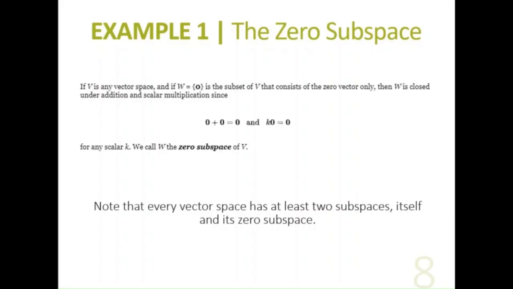If V is any vector space, and W equals {0}, the subset of V that consists of the zero vector only, then W is closed under addition and scalar multiplication, since the zero vector plus the zero vector equals the zero vector, and any scalar k times the zero vector equals the zero vector. In this instance, we call W the zero subspace of V. Keep in mind that you will have the zero subspace for any vector space.